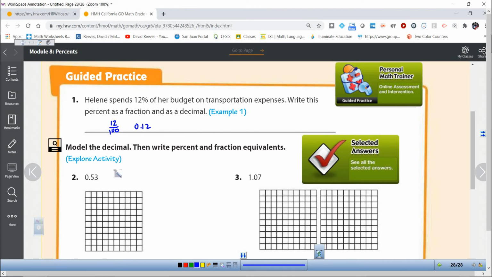All right, model the decimal. Well, 0.53 would be 53 over 100, right? So we would color in 53 of these, and then as a percent, that would be 53%. All right, 1.07, right?